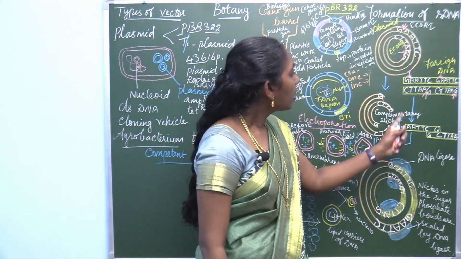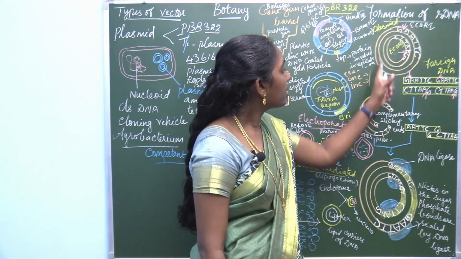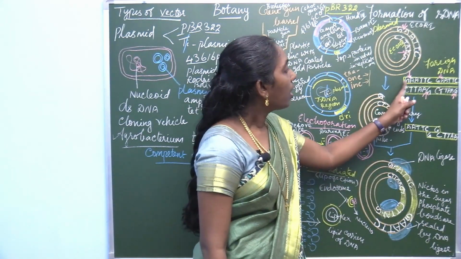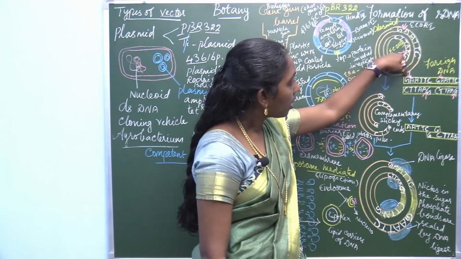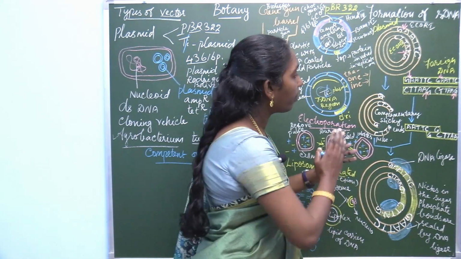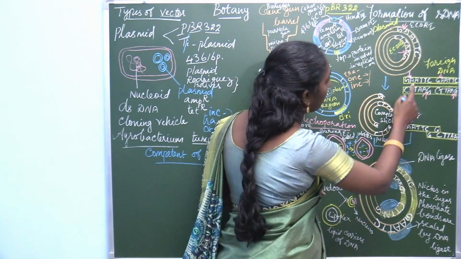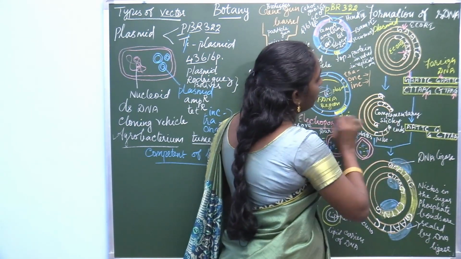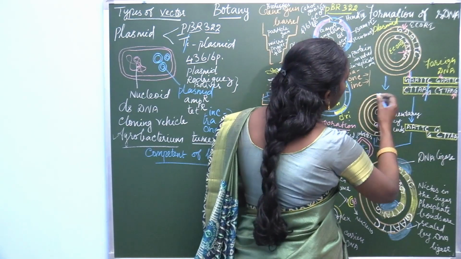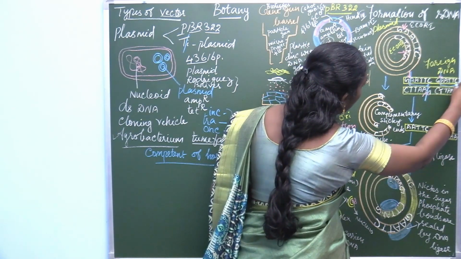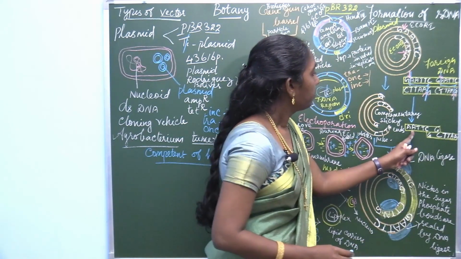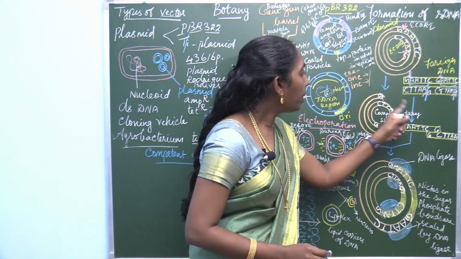Here it is sticky ends, it cuts on the side, and in the foreign DNA it cuts here. This is the restriction endonuclease. When it cuts open, the sequence is cut at this G and here at this G. So this region is found here: sticky ends, complementary sticky ends.